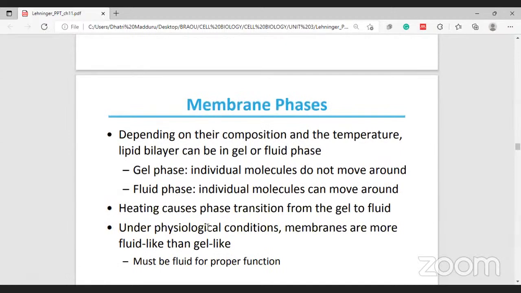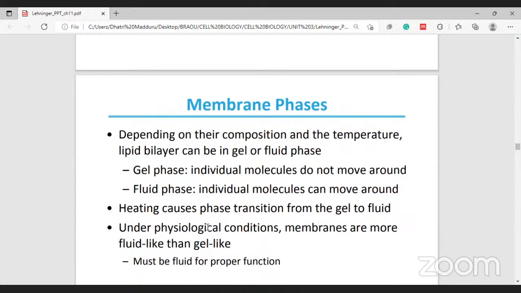So the membrane can assume different phases like gel phase or fluid phase. Depending on the composition and the temperature, the lipid layer can be in gel or fluid phase. Gel phase means the individual molecules cannot move, whereas fluid phase means the individual molecules can move.